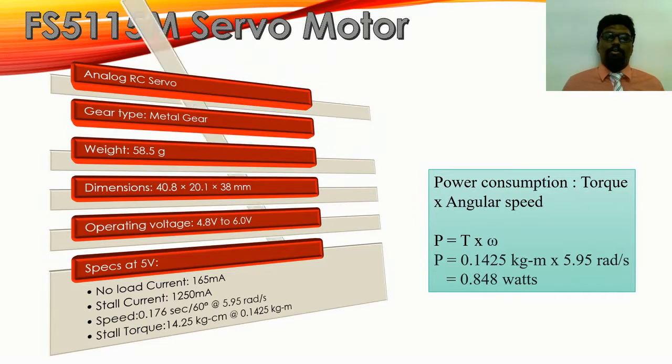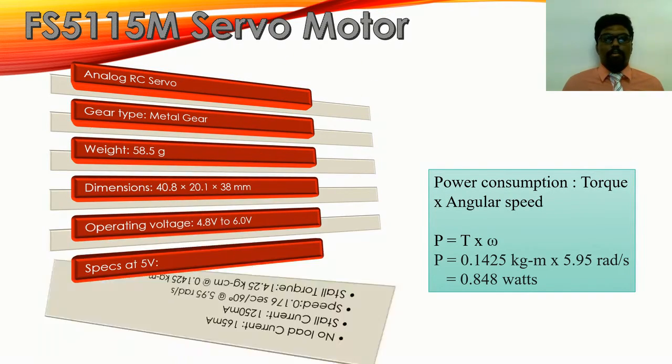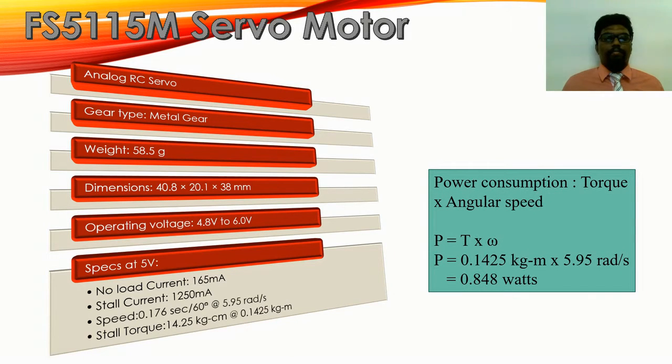The servo motor. The servo motor used is an analog RC servo. The gear type is metal gear. The weight is 58.5 gram. The dimension is 40.8 times 20.1 times 38 millimeter. Operating voltage is 4.8 volt to 6.0 volt. The spec for 5 volt, because in this project the servo motor is supplied by 5 volt.